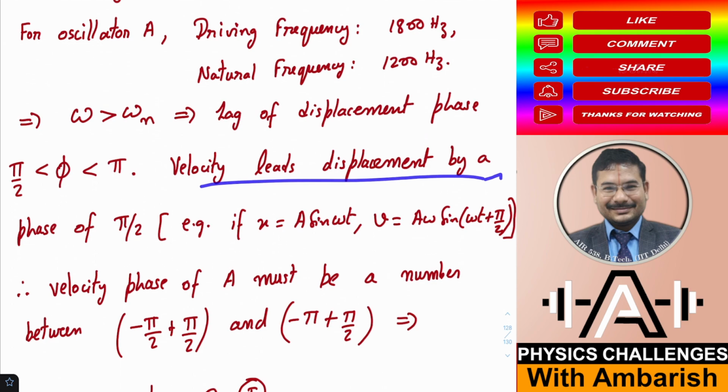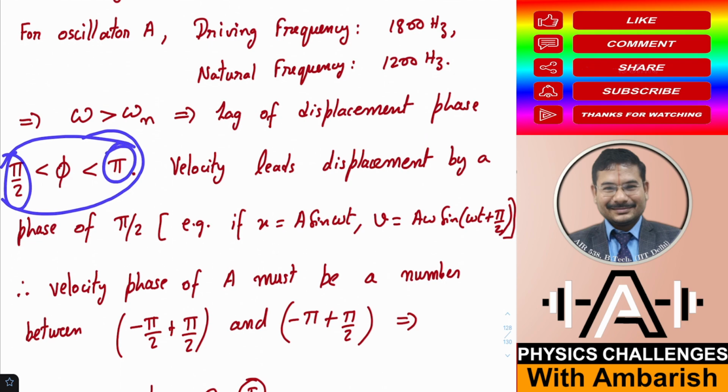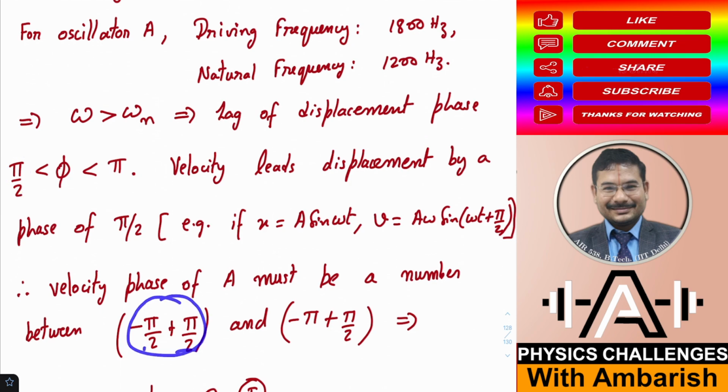Velocity leads displacement by a phase of pi by 2, because if x is a sin omega t, then v is a omega cos omega t, which is sin of omega t plus pi by 2. So whatever is the phase of displacement, we just need to add pi by 2 to get the phase of velocity. Since displacement phase is somewhere between minus pi by 2 and minus pi, because it's a lag, for velocity we add another pi by 2.